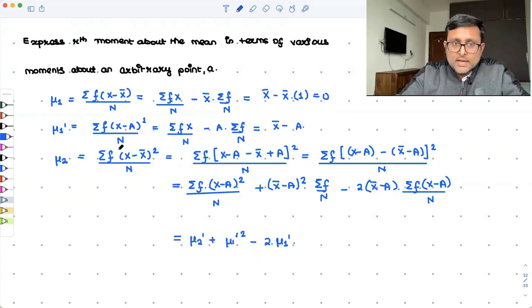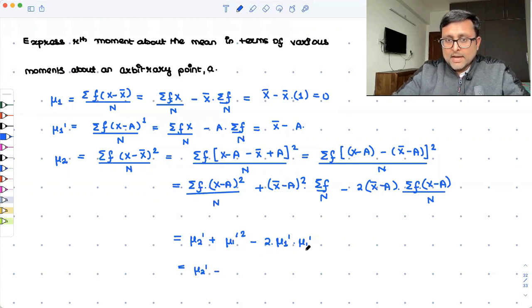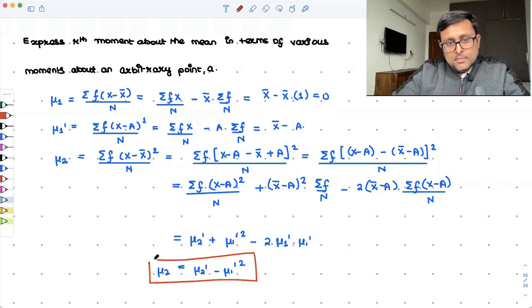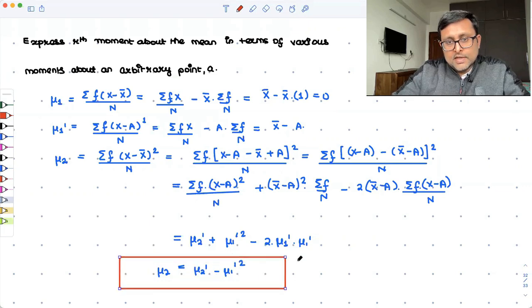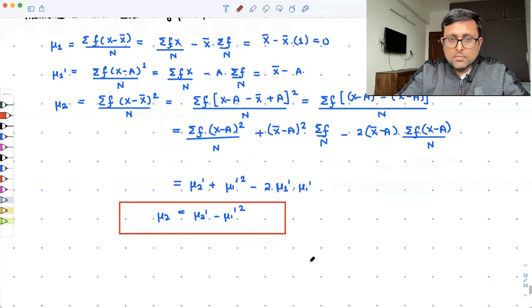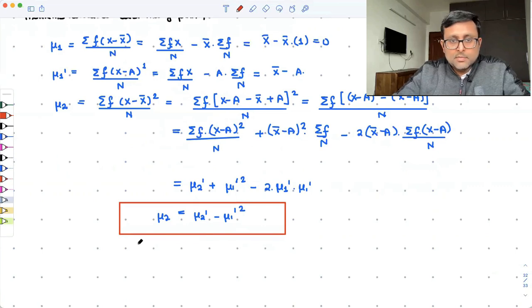Summation of f into x minus a upon n is also nothing but equal to mu1 dash. So this is mu2 dash plus mu1 dash square minus 2 mu1 dash square. So this is nothing but mu2 dash minus mu1 dash square. That is nothing but mu2.